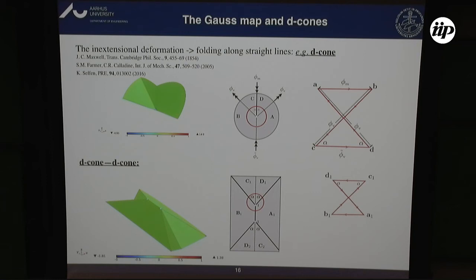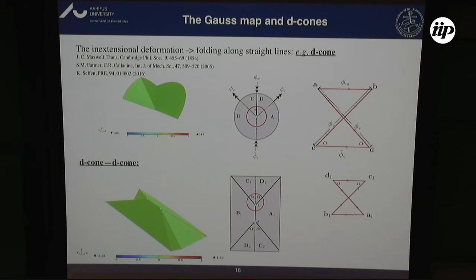Here I'm looking at small deflections just for simplicity, where you see around the pole of the unit sphere a figure like this, the normals are at the corners of this figure, and the angles of the folds are the arcs traced by these normals as they go from one side to the other.